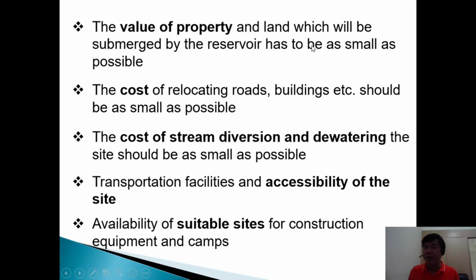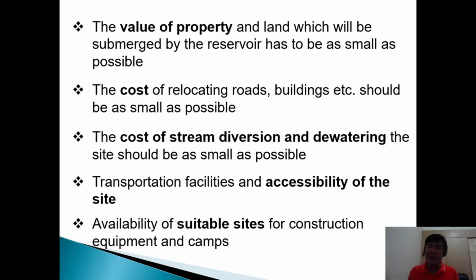Another one is the value of property and land, which will be submerged by the reservoir, to be as small as possible because you are going to pay for those lands. And if there are negotiations where other people will not agree with some of the conditions, another set of negotiation considerations should be taken into account, if maybe some people will be asking additional price for their lands, and there are other requirements if they will be relocated.